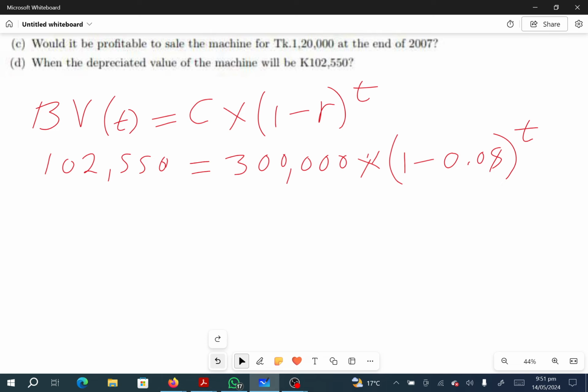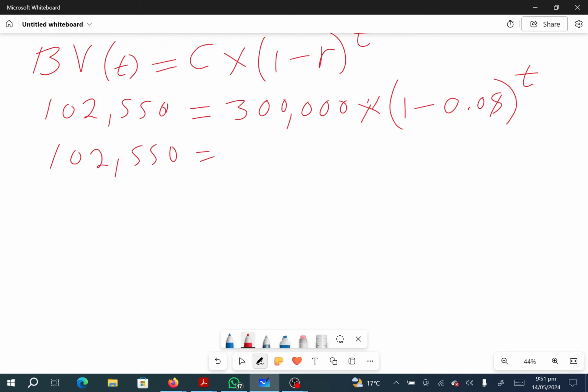We'll say 102,550 is equal to 300,000 multiplied by 1 minus 0.08, which is 0.92, to the power t.